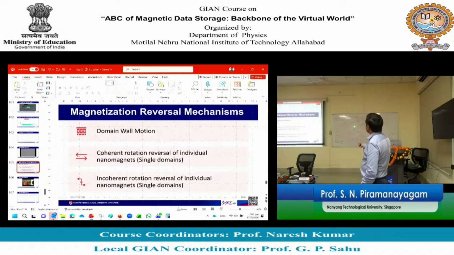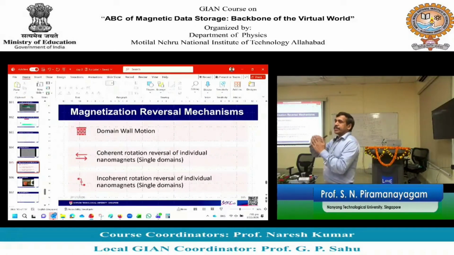You multiply these, then you get some energy. This energy has to be minimized for any system. In the case of antiferromagnetic materials, this J is negative. So, if J is negative, this term will be positive, and the energy will be minimum when S1 and S2 are antiparallel.